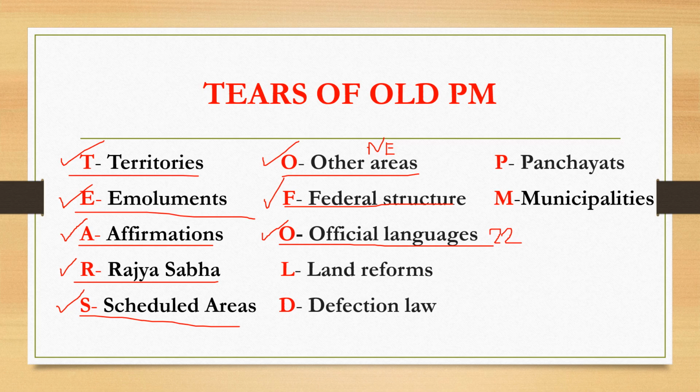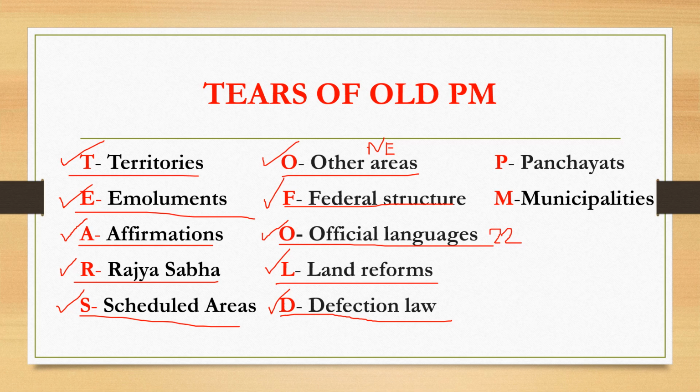Next is the 9th schedule. The 9th schedule is represented by the letter L and L stands for land reforms. The 9th schedule deals with the validation of certain acts and regulations. Next is the 10th schedule. The 10th schedule is denoted by the letter D and D stands for defection law.